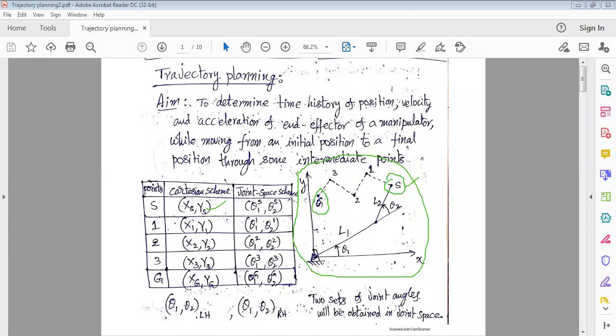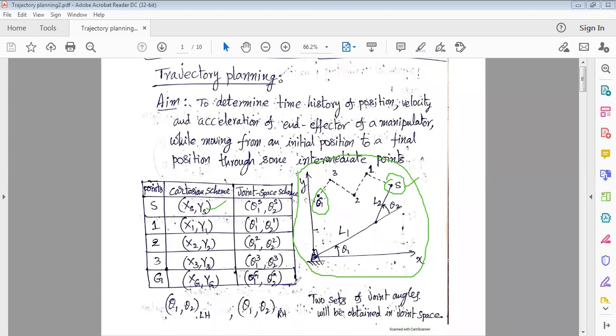If you write these joint variables in terms of time, that is called the joint space trajectory. Similarly for the points 1, 2, 3, and destination point G. These are the different trajectories, Cartesian as well as joint space trajectories.